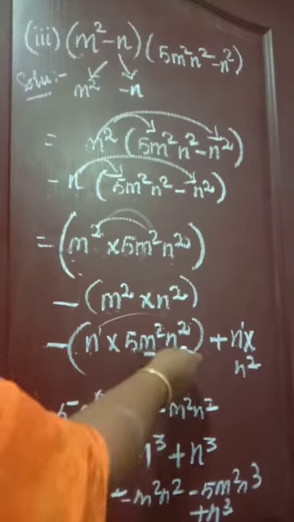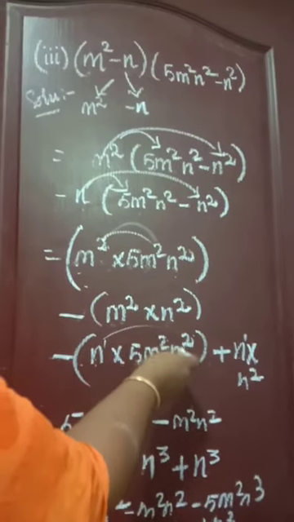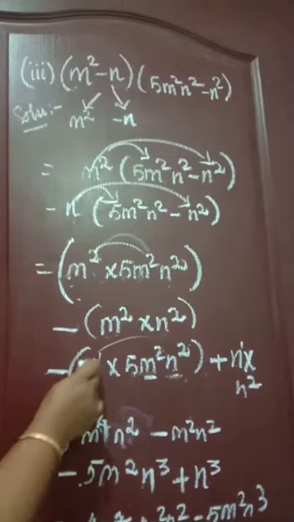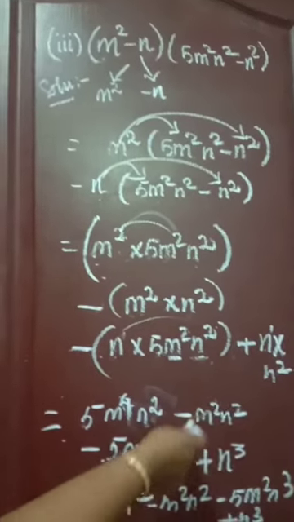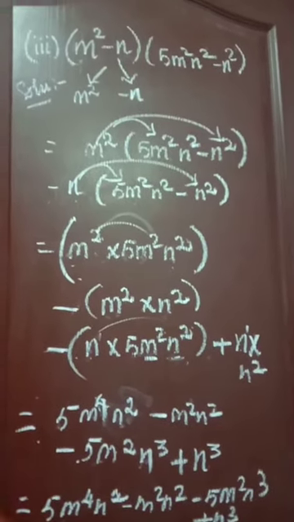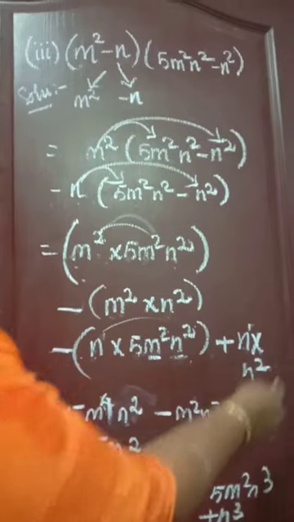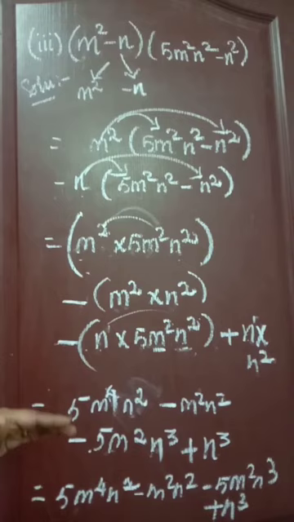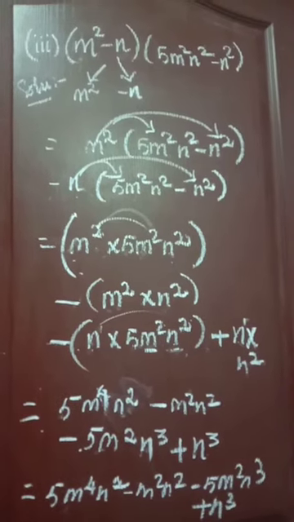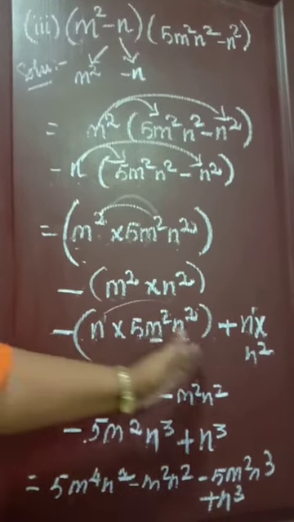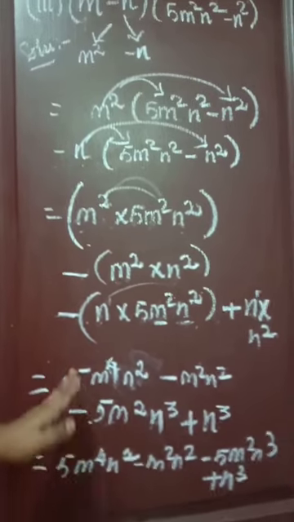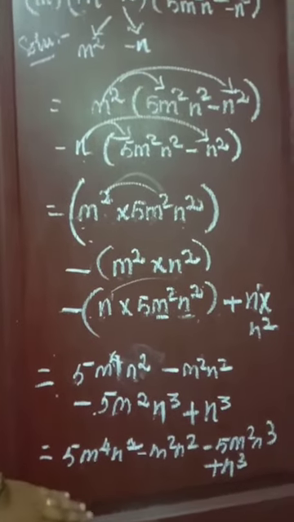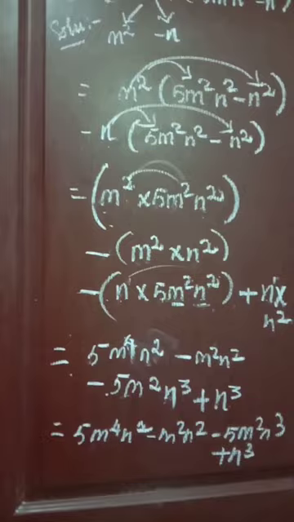Here m and n are the variables. m square, n is the same variable, so add the power, 1 plus 2 is 3, n power 3. Last one, same variable, add the power, so n power 3. Next you have to check if any like term is there. In the 4 terms no like term is there. So this is the answer of the sum.